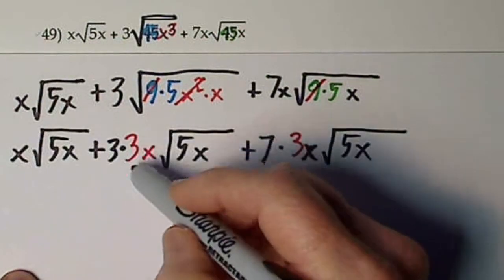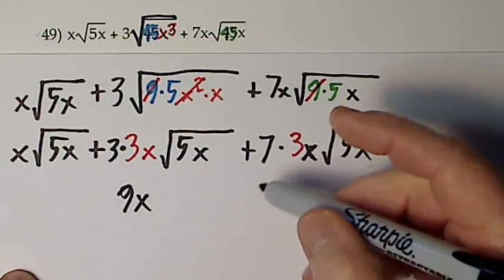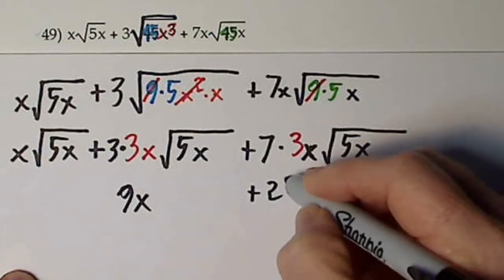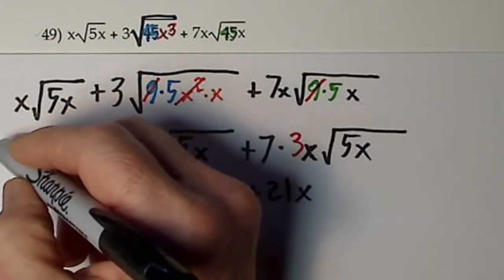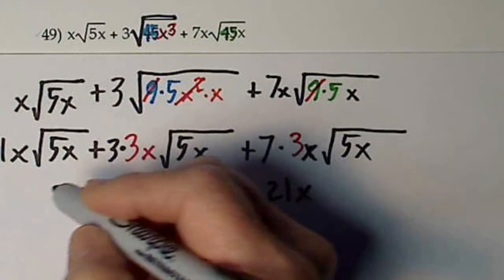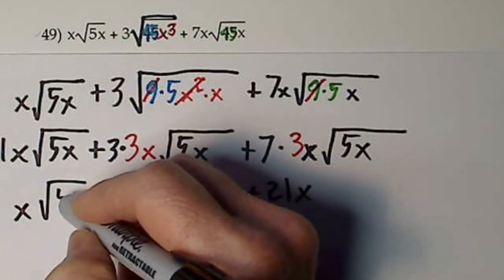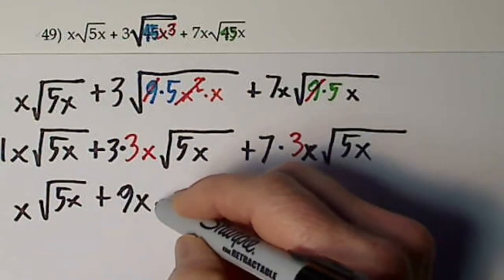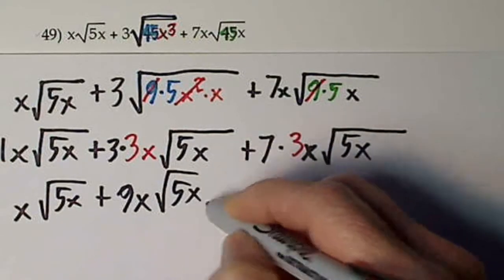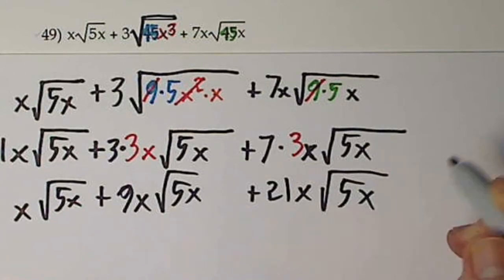So we have 9x, we have 21x, and we have, this is really a 1x, right? So I'm just going to put x, but keep in mind that's a 1. And then we have radical 5x, this plus sign, radical 5x, and radical 5x.